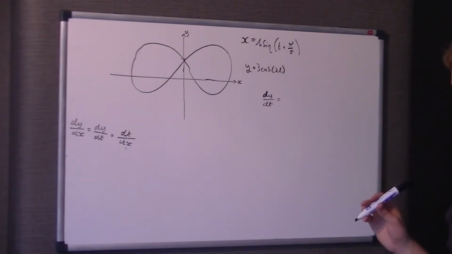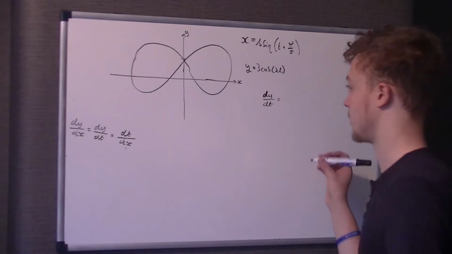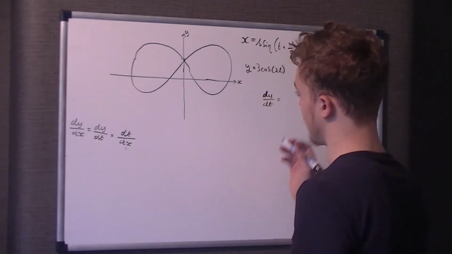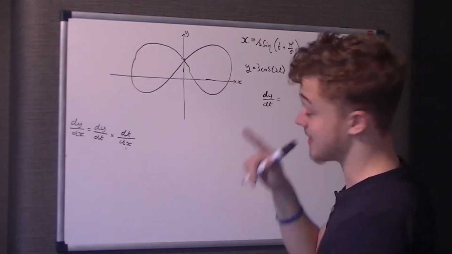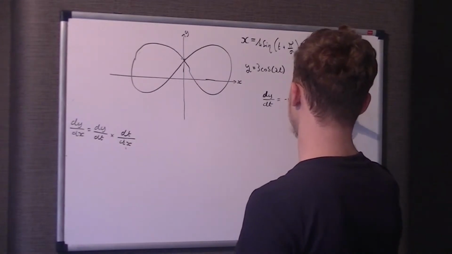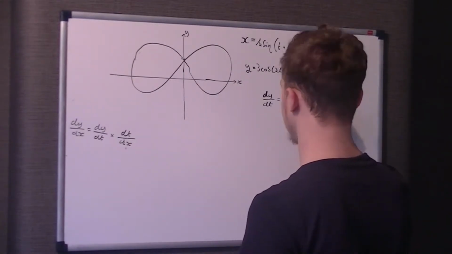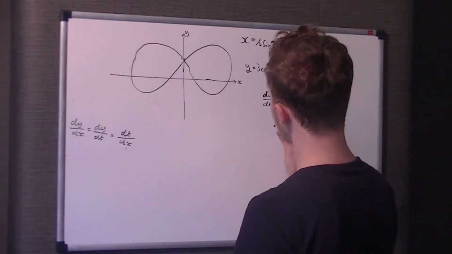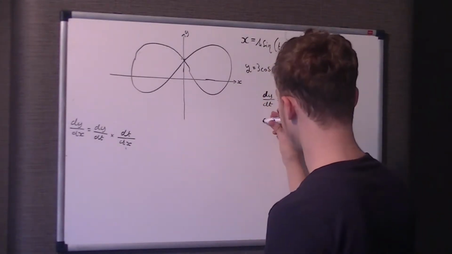When we differentiate cos, we get negative sine, sorry. So we get 3 times negative 2, that'd be negative 6 sine 2t.